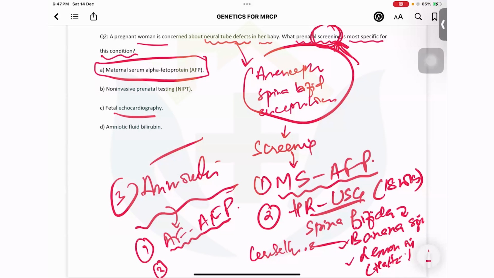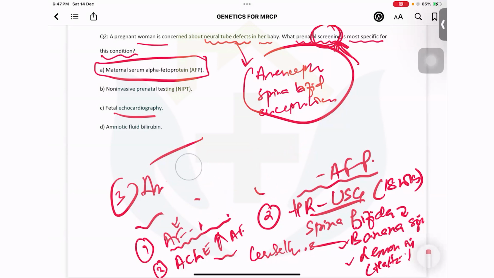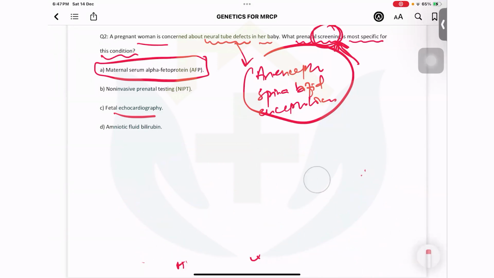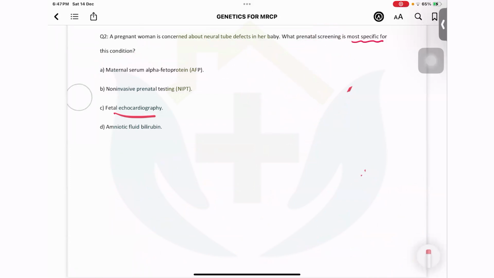Anybody remembering? Acetylcholinesterase will be increased in the amniotic fluid. So this becomes diagnostic of these conditions. And then there will also be genetic testing. You can do karyotyping, but that doesn't help. This is all that we have for neural tube defects.